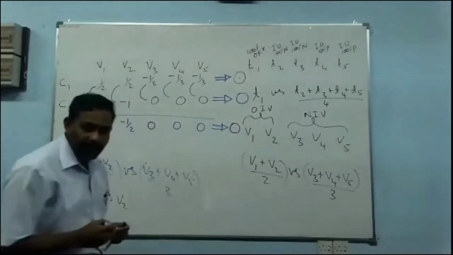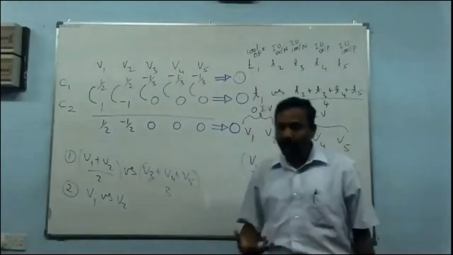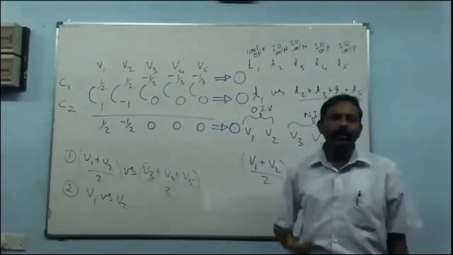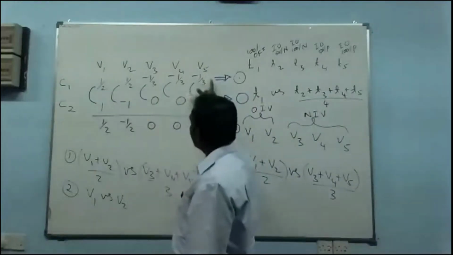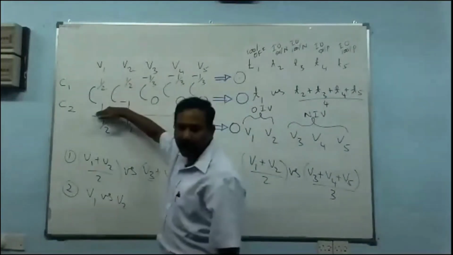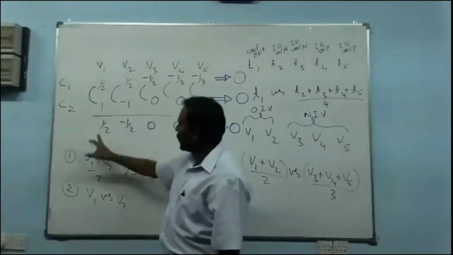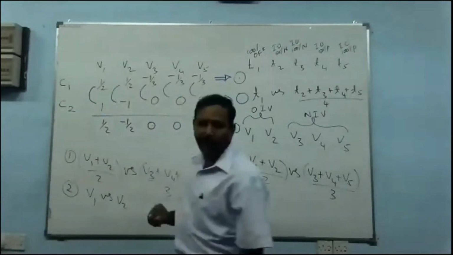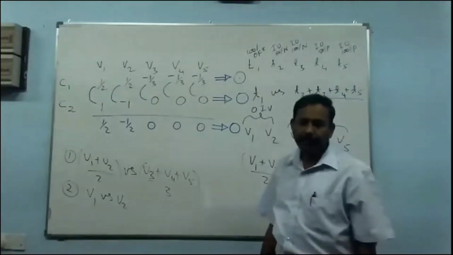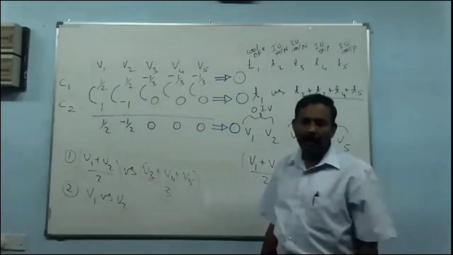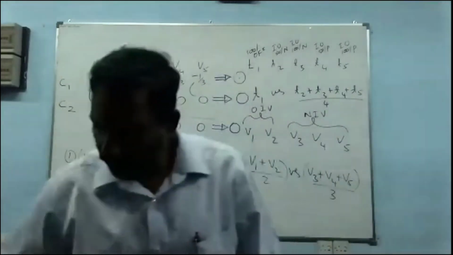You see, this is the speciality of orthogonal contrasts. We have to have contrasts in such a way that they are orthogonal. If you multiply the coefficients, and at last add them, the sum is also equal to 0. Clear? Right.